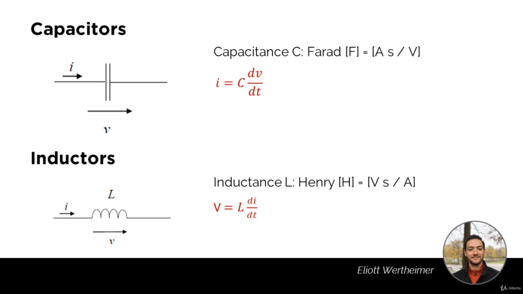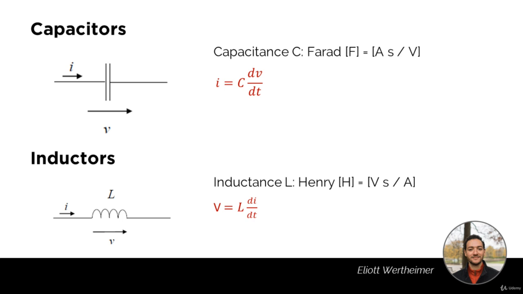When you apply a voltage across them, electrons will accumulate on one side of the capacitor. If you remove that voltage and then connect that capacitor to a load, the capacitor will then discharge its electrons in the opposite direction. So what happens here is that you can store energy in the form of electricity and then release it very, very fast.